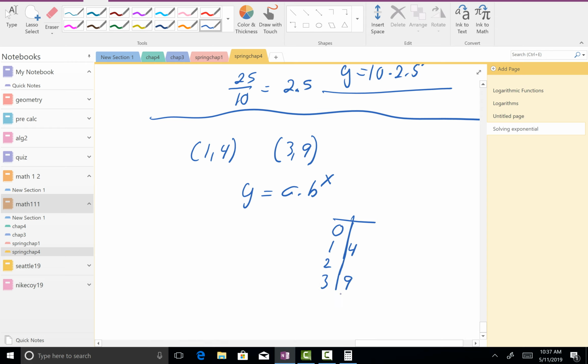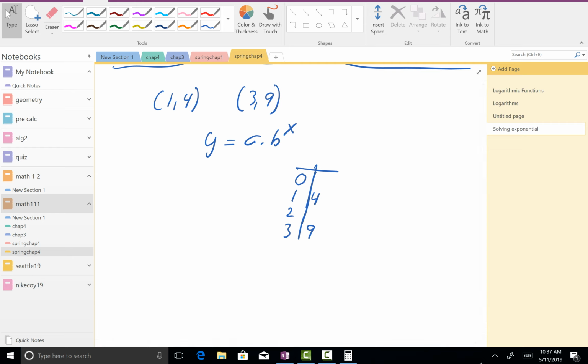Okay, so we don't know A, right? We don't know B, but we do know that here, that growth factor has been applied twice to get from 4 to 9. So one's here and one's here. So what if we said, well, let's take 9 and divide it by 4 and see what that is.